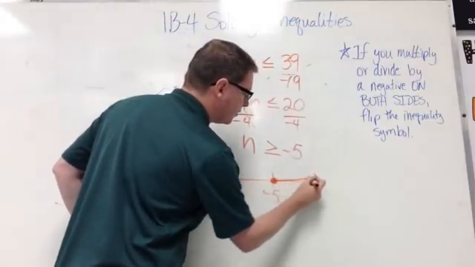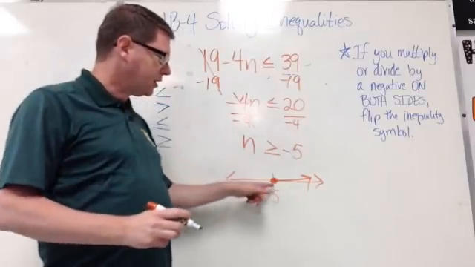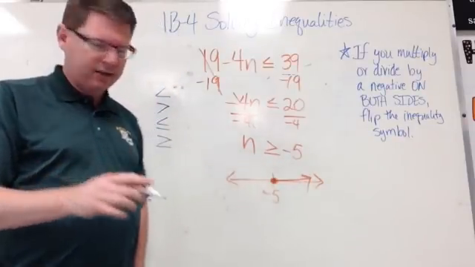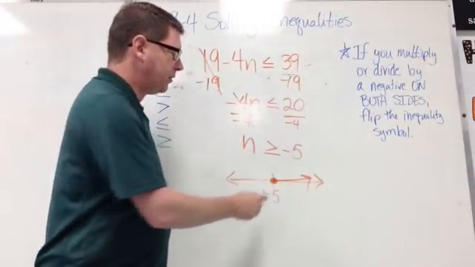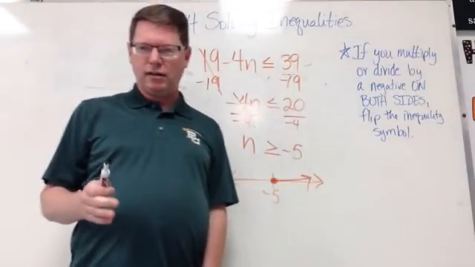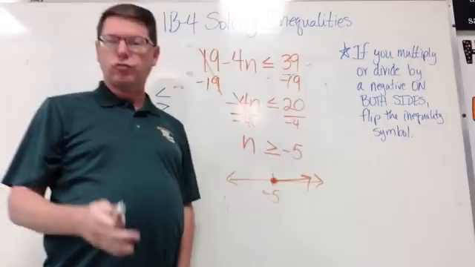So my arrow is going to go to the right. Notice I drew the arrow on the line and put another arrowhead on it so that I can see that I'm looking for all of the numbers, including negative 5, that are greater than negative 5, that make this inequality true.